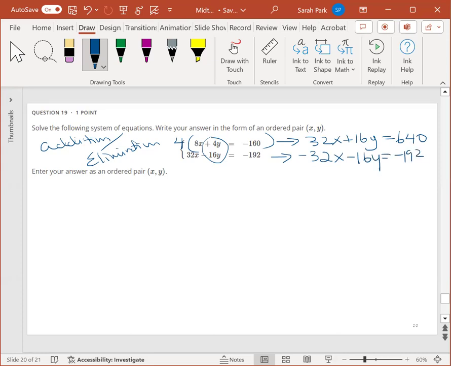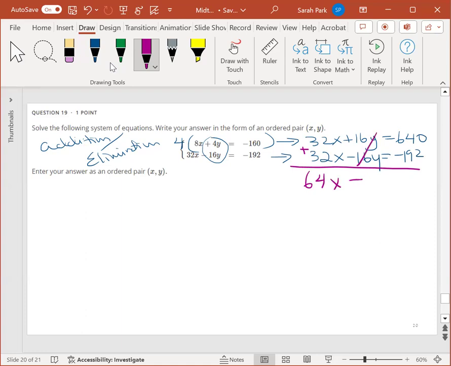The reason why we're doing this is so that we can cancel the y terms. If we multiply 4 by 4y, you can see how 16y and negative 16y would cancel if we add the two equations together. And so 32x plus 32x gives us 64x.